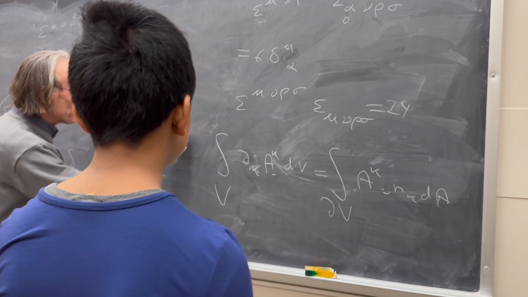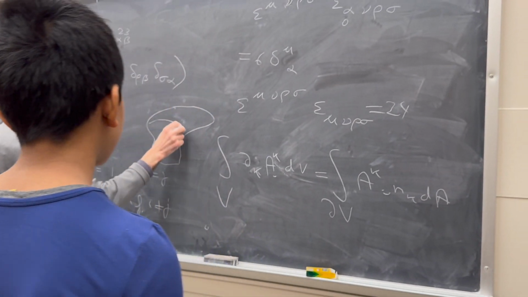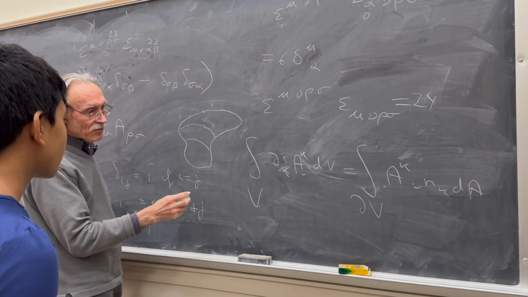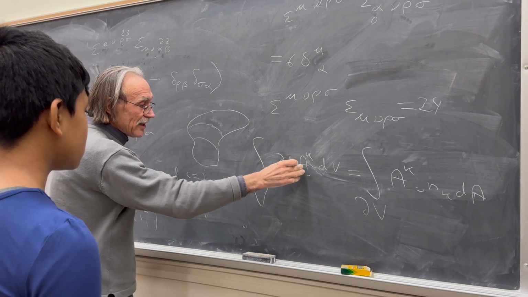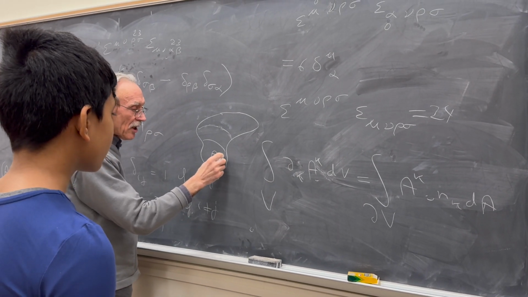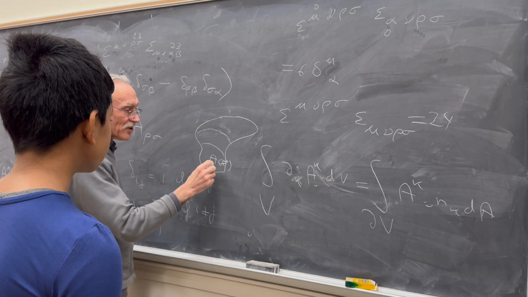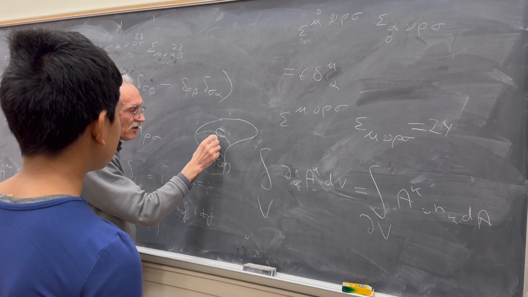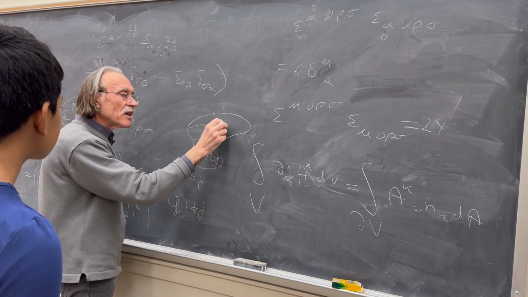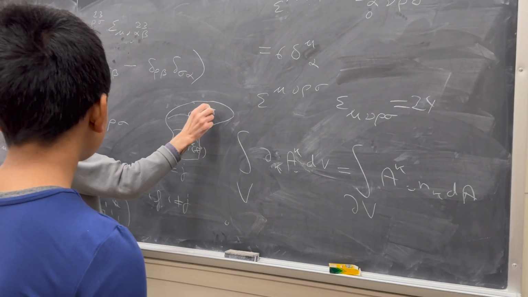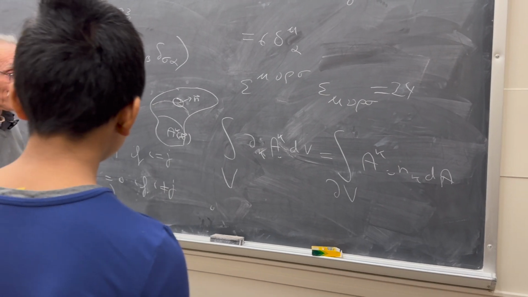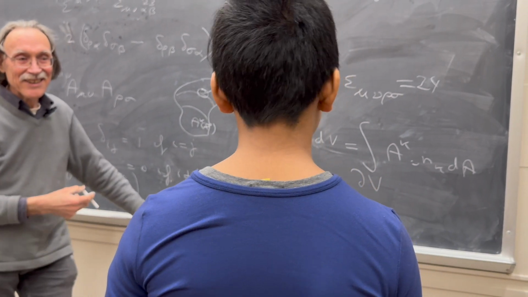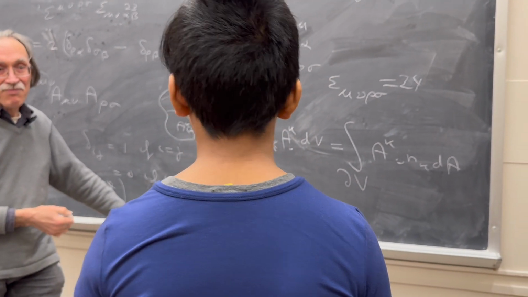So you have some arbitrary volume. It goes here, and maybe this is dashed. You integrate this A, that's a vector that depends on the position, and it has indices. And then the surface is here. There's a normal vector, a unit vector perpendicular to the surface. And the statement is that these two are equal. That is Gauss theorem.